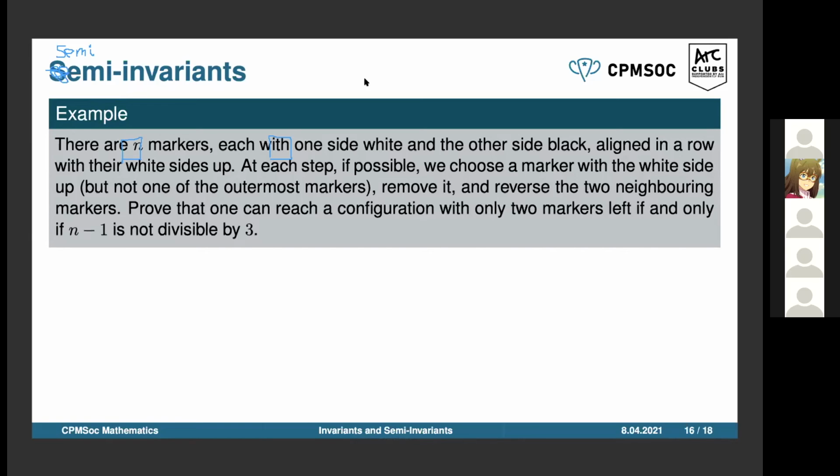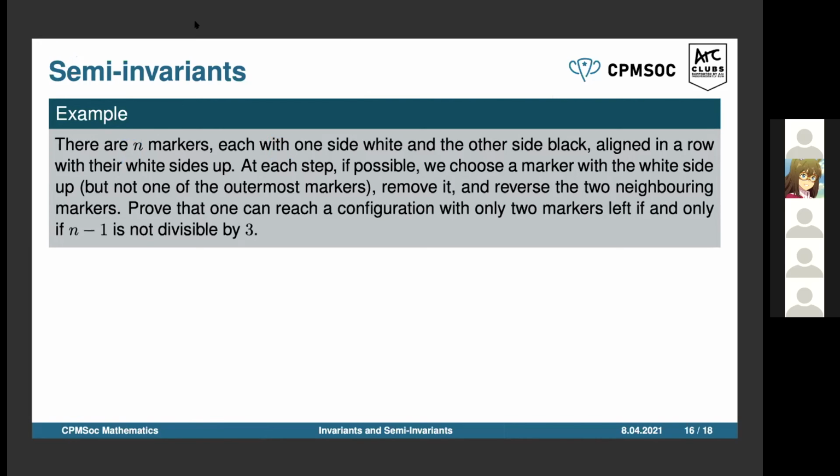So if we have n markers on a table with one side white and one side black, and we transform them according to these rules, then we want to show that we can only reach a configuration with 2 markers left if and only if n minus 1 is not divisible by 3. So we'll give you a few minutes to think about this one. Let's say about 3 minutes.